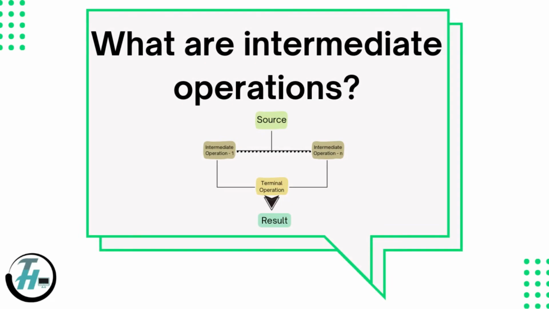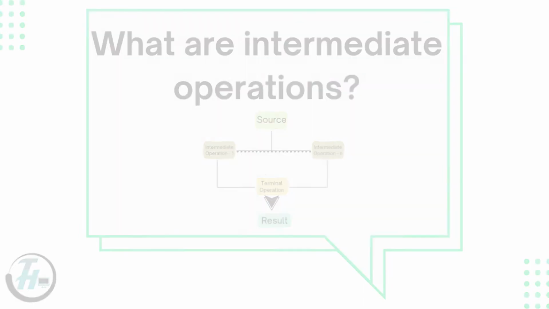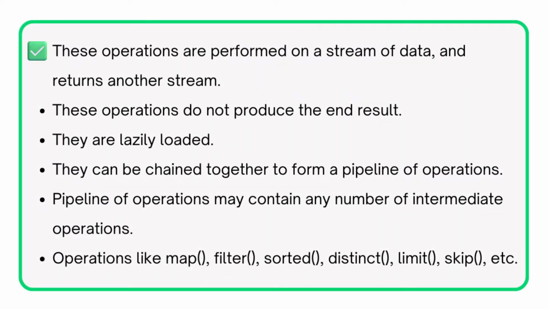What are intermediate operations? Intermediate operations are performed on a stream of data and return another stream. That is the reason why we can perform a chain of intermediate operations. These operations do not produce the end result, which means we also need a terminal operation.